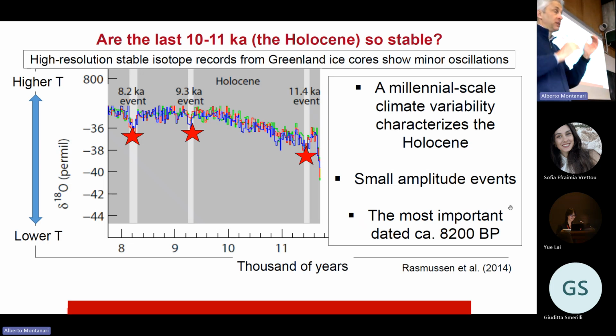Of course, it's a variability on a smaller scale in terms of amplitude with respect to what we observed in the past. It's a variability where we can identify millennial scale, small amplitude events, and we can identify an important event in terms of change of temperature about 8,000 years ago.